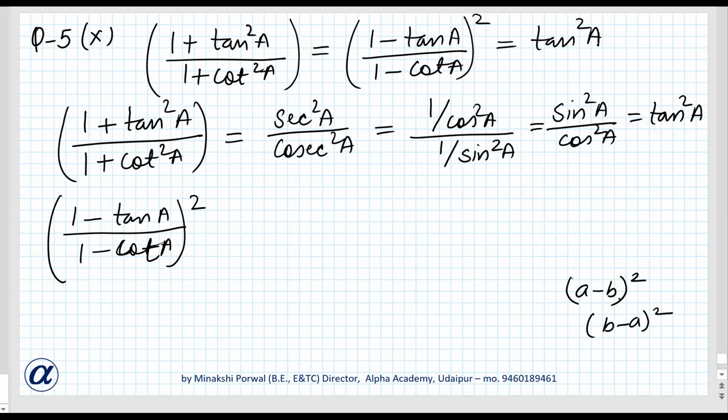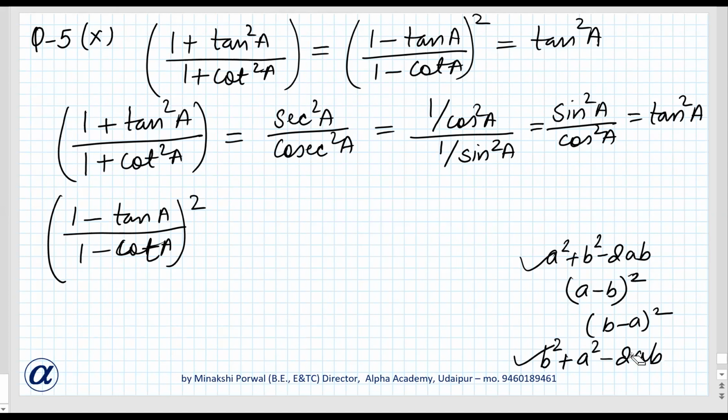Who is saying yes? Harini says no. Okay, Harini is right. Because a minus b the whole square is a square plus b square minus 2ab, and b minus a the whole square is b square plus a square minus 2ab. Both are the same.